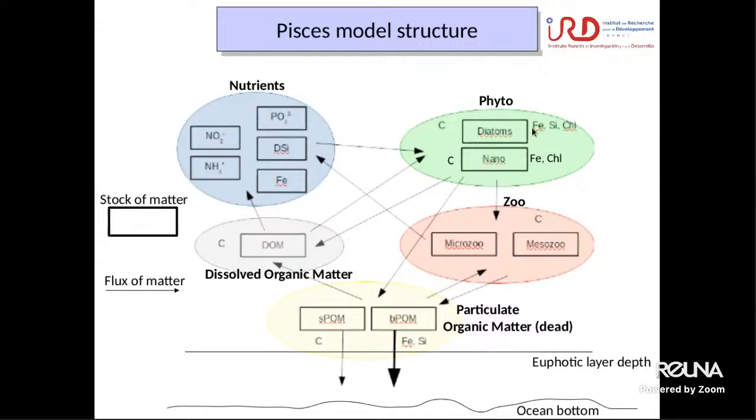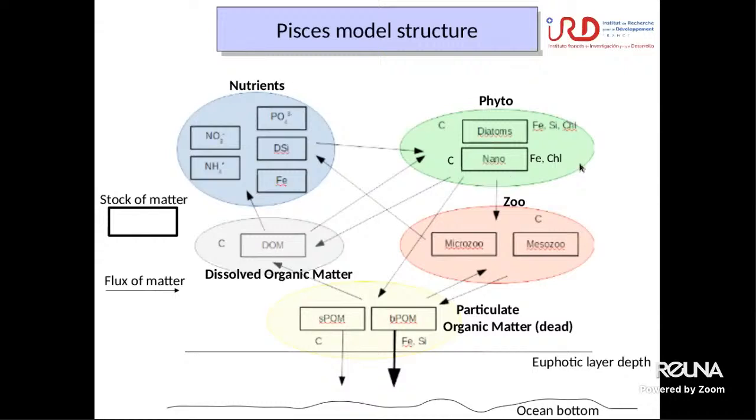Phytoplankton has different arrows that go away from it. One goes directly to the particulate organic matter. This is, for instance, when the phytoplankton dies, when there is mortality, or when it is consumed by a fish. This is not explicitly parameterized, but it goes in this arrow here. You can have a flux of matter directly to the particulate organic matter.